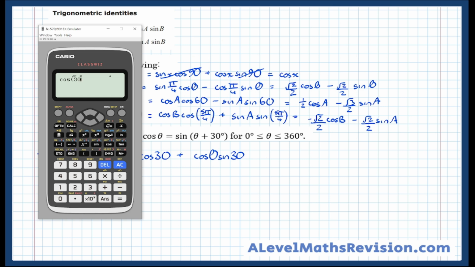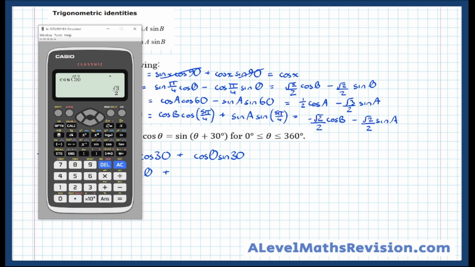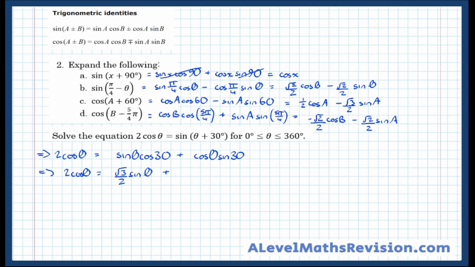I'm in radians, I need to put it back into degrees. Cos 30 is root 3 over 2, so that means that 2 cos theta equals root 3 over 2 sine theta plus, and sine 30 is a half, but always good to check. Indeed it is, plus a half cos theta.